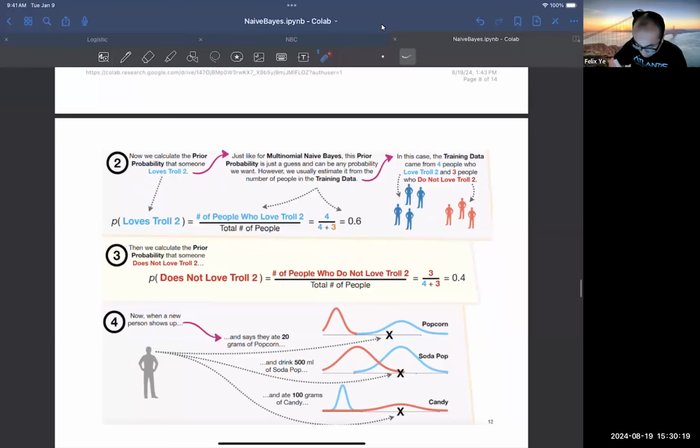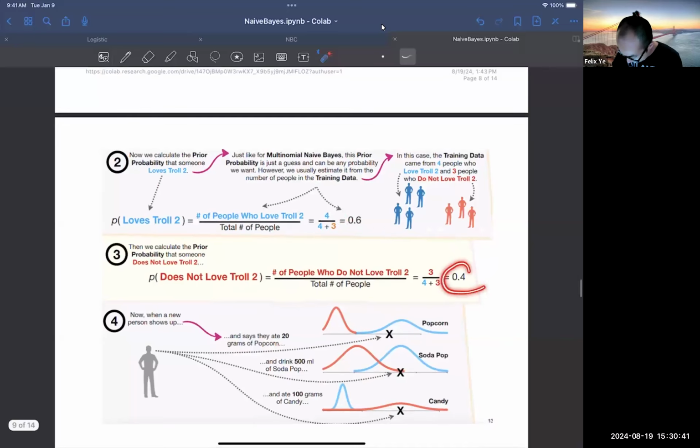And we also need to calculate the prior. I want to remind you, we have 4 people who like Troll 2, and in total we have 7 people. So that's 4 out of 7 people who like Troll 2, which would be about 0.6. And for people who do not like Troll 2, the prior probability that someone doesn't like Troll 2 will be 0.4, right?